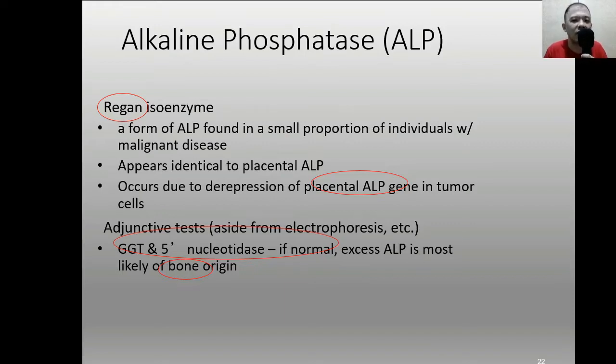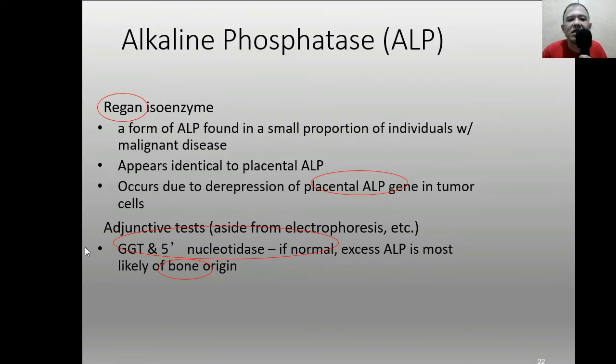You may have increased ALP there. But we need adjunctive tests such as the GGT and the nucleotidase. If these are normal, the excess ALP is most likely of bone origin.